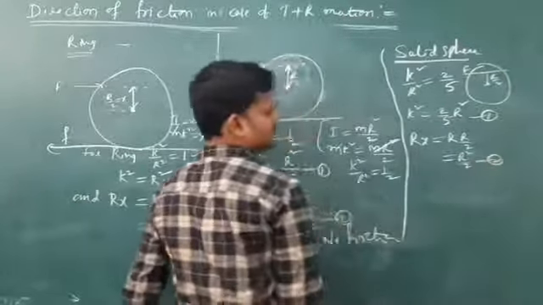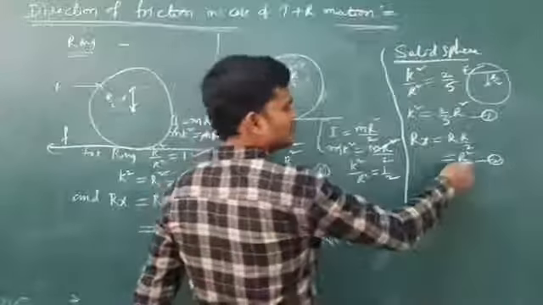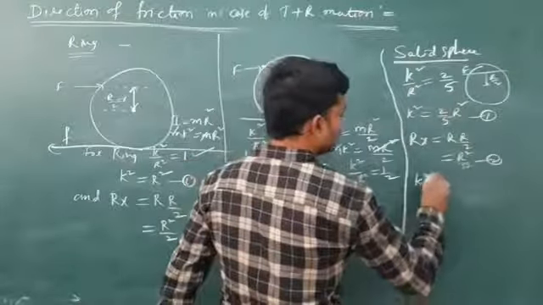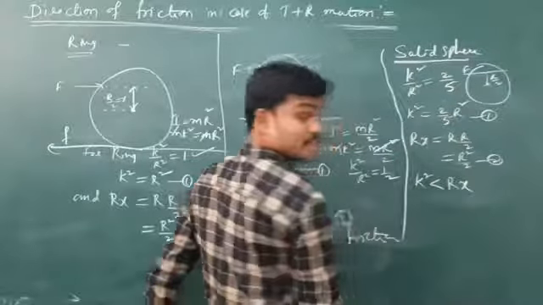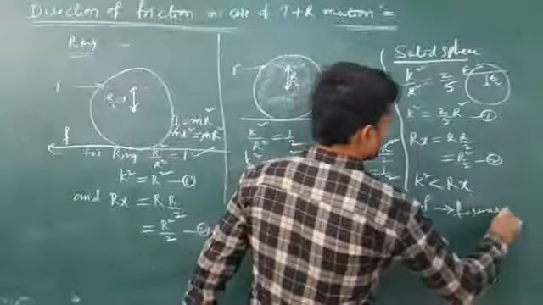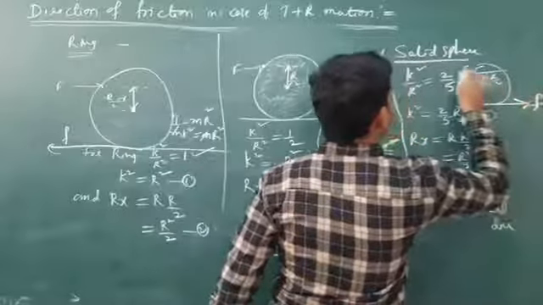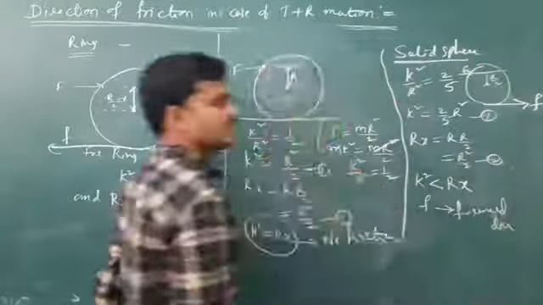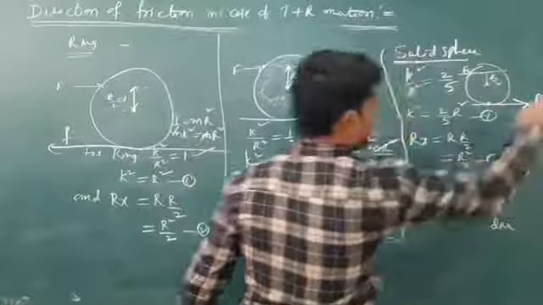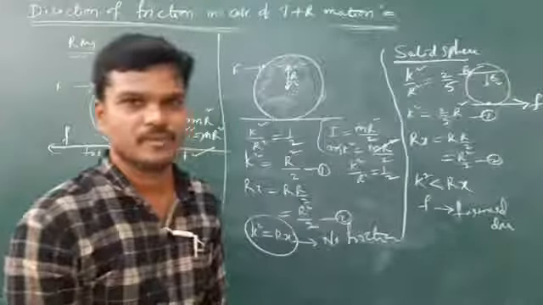Just see, this is 0.5, this is 0.4. 1 by 2 means 0.5, and this is 0.4. So k square is less than Rx. K square less than Rx means frictional force acts in what? Forward direction. So for a solid sphere, frictional force at the point of contact acts in the forward direction when force is applied at a height of r by 2.